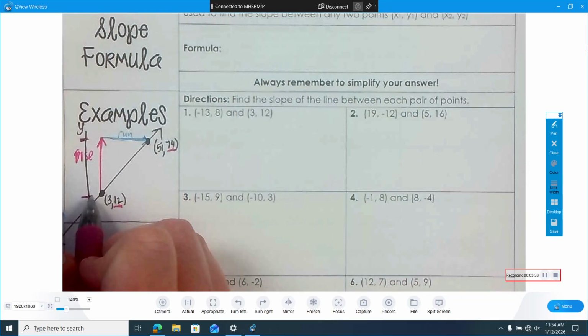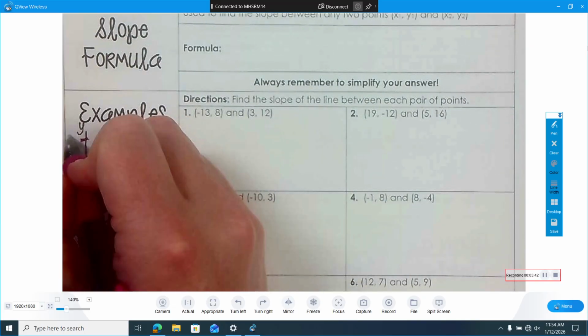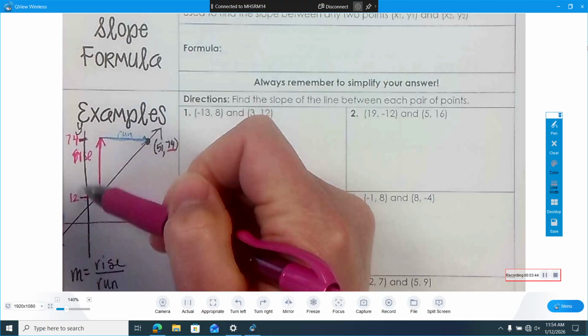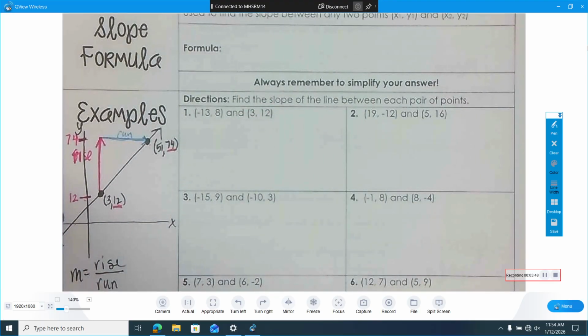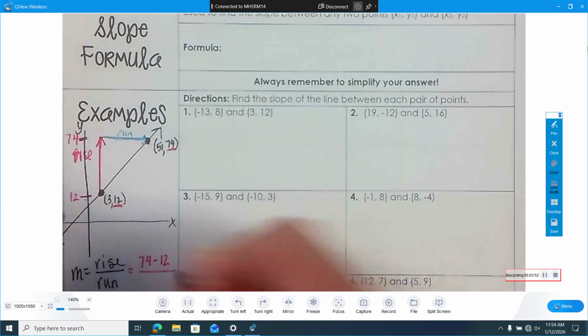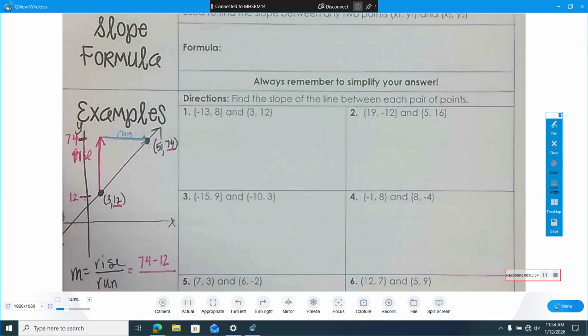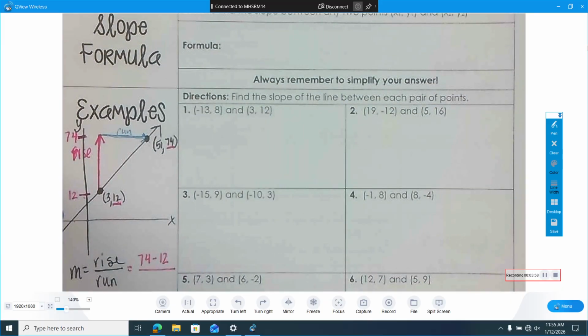It's starting here at 12 on the y-axis, and it's going up to 74. And if I want to find how long just between that is, I would need to subtract 74 minus 12. So I subtract those y values, and that's going to give me the rise that we had to go. Do you see that? Does that make sense to you?